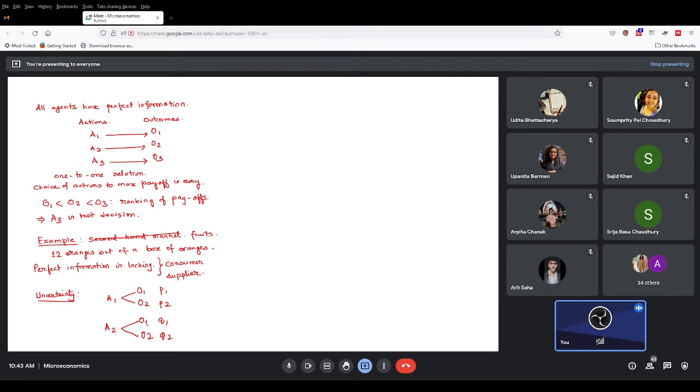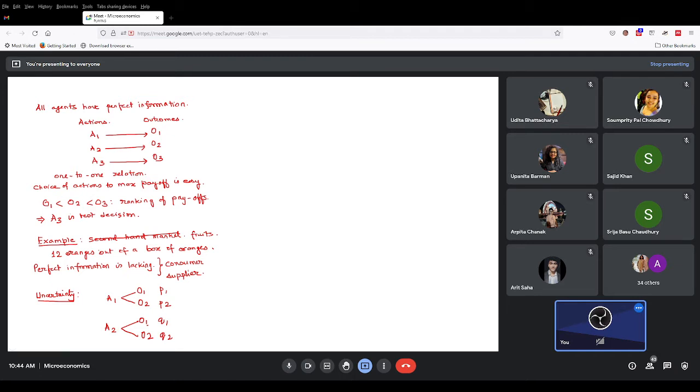So I know that O2 is better than O1. But how will I choose in this case? If I choose A1 and it turns out that this situation occurs, then my decision was wrong. So it's not really possible for me to choose in this case.